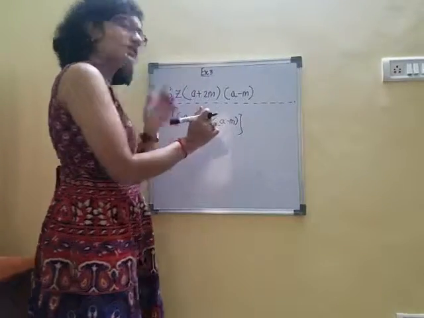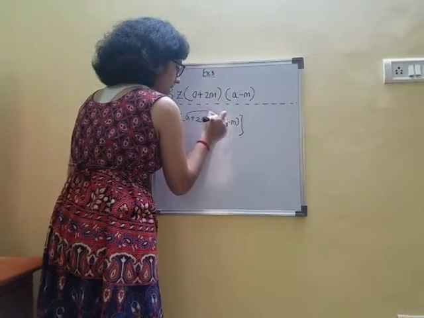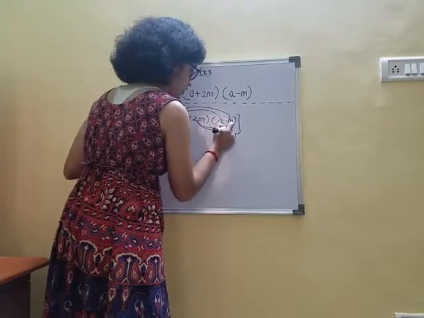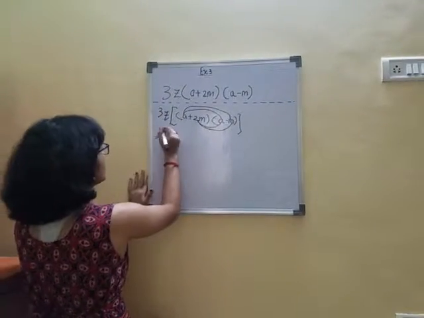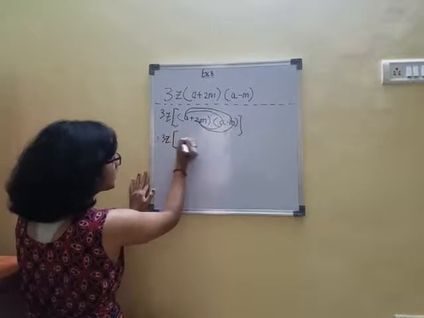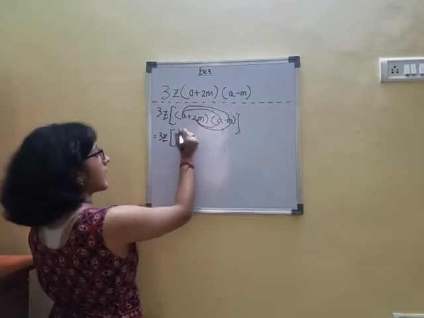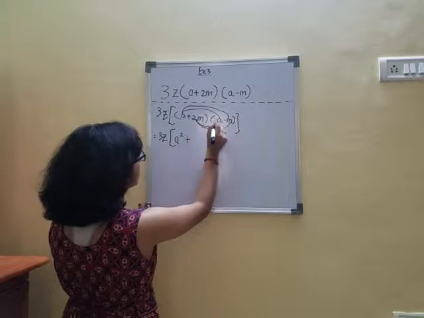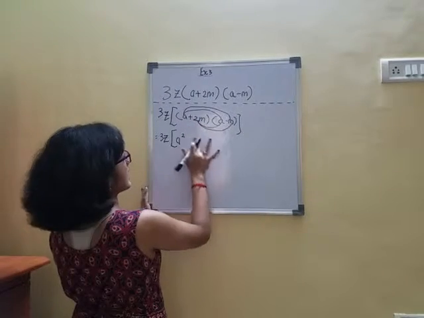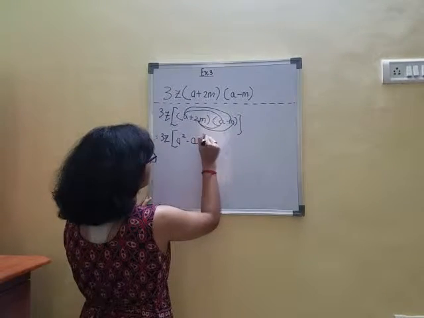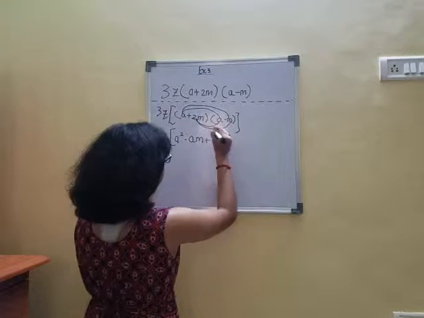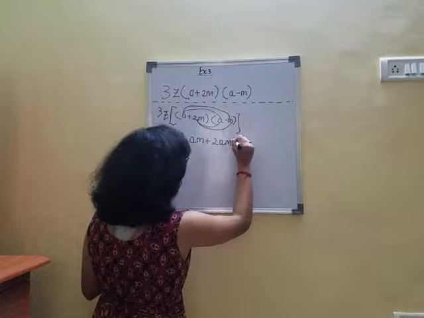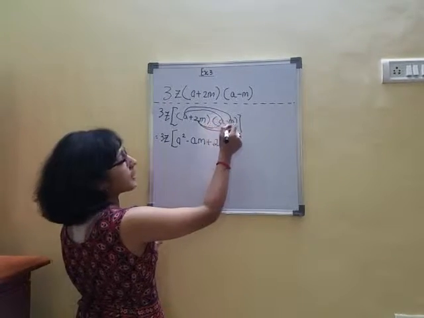Distribute the two numbers to this side, the two numbers. So it will be a, which will equal 3z. So a times a is a squared, plus 2am, minus 8m, sorry, plus 2am, minus 2n squared.